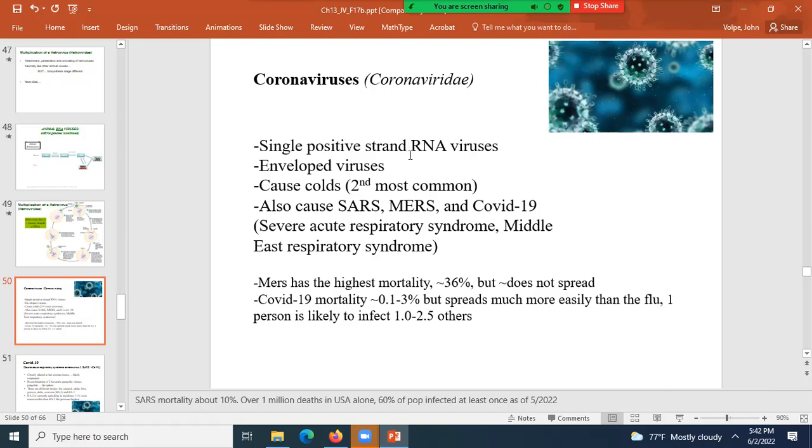And then the third family we briefly talked about last time, adenoviruses, Adenoviridae, is the third family of viruses which can cause the human cold.